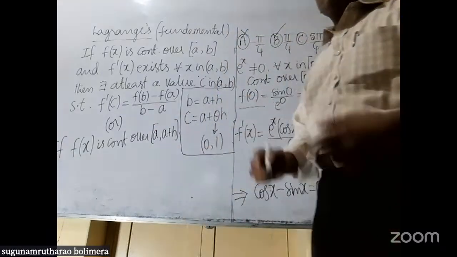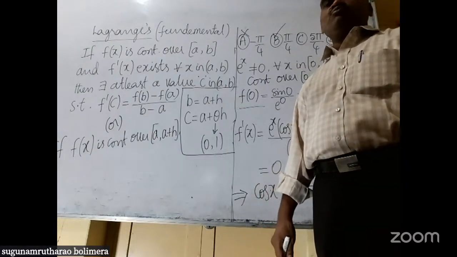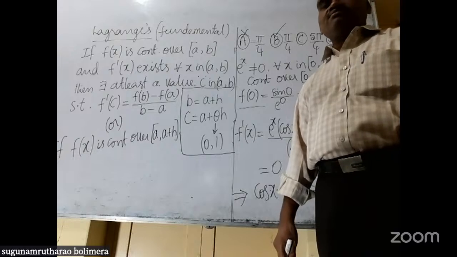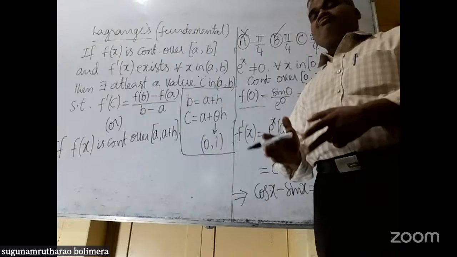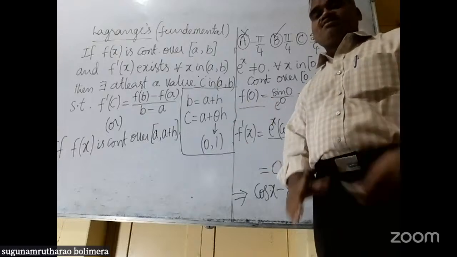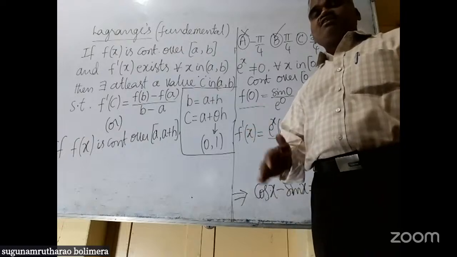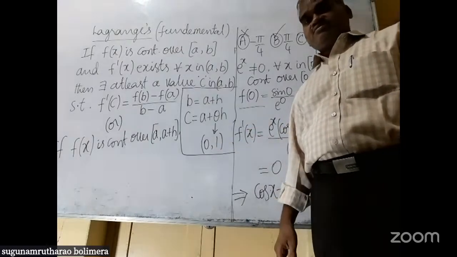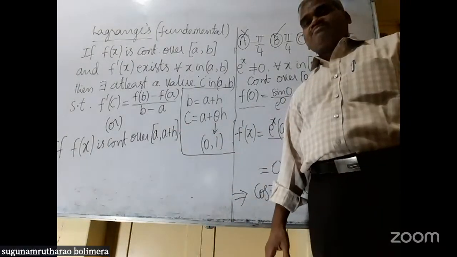Why am I writing this modified form? Because this modified form will lead you to Taylor's theorem. From that we can write Taylor's series and the expansions. That's why I'm writing this modified thing.